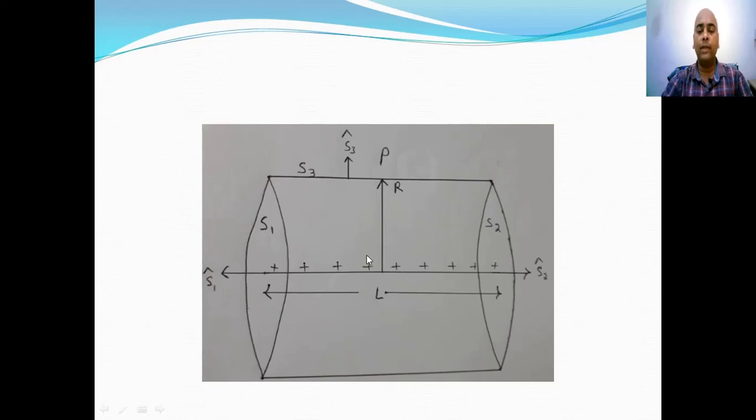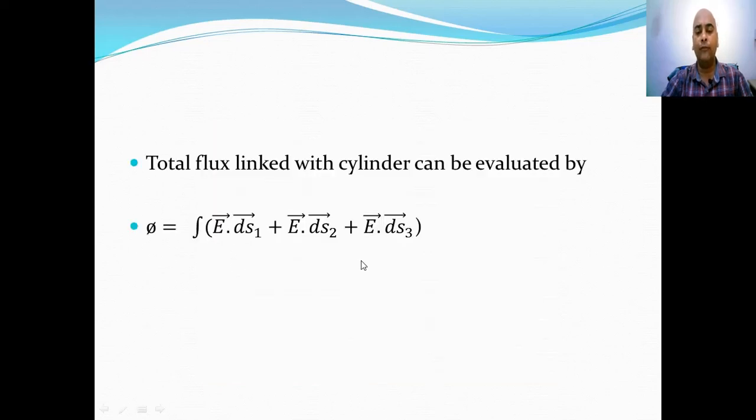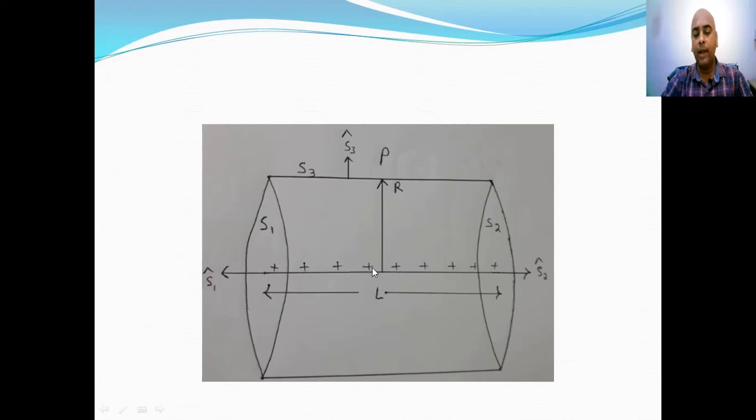Now from the direction of electrical field radiated by this conductor, it is obvious that S3 lies in the direction of electrical field, while area vectors S1 and S2 lie perpendicular to the direction of electrical field.